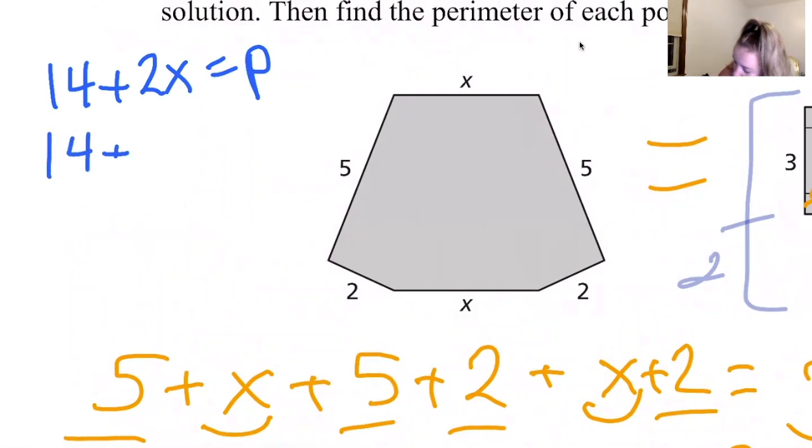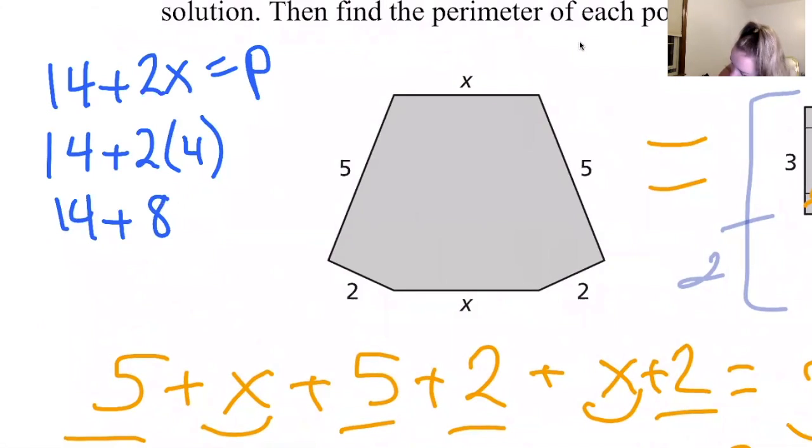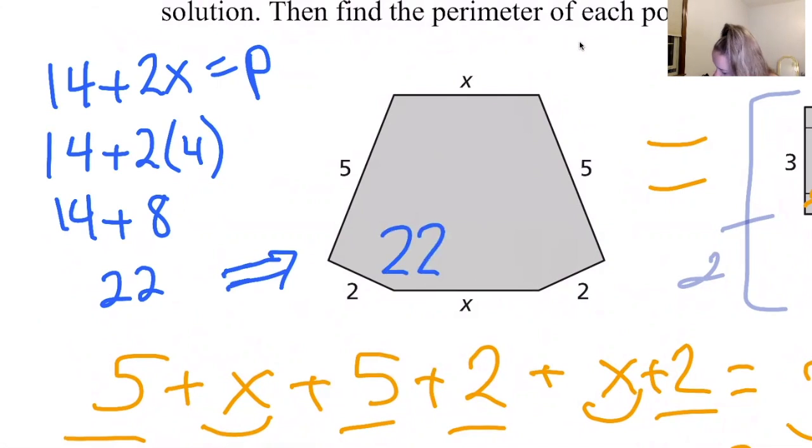So I have 14 plus 2 times 4, 14 plus 8. So that means I get 22 for this one right there.